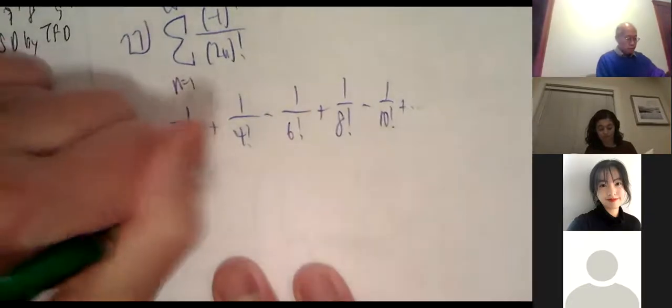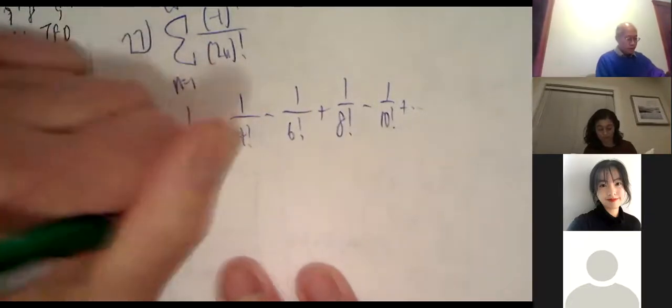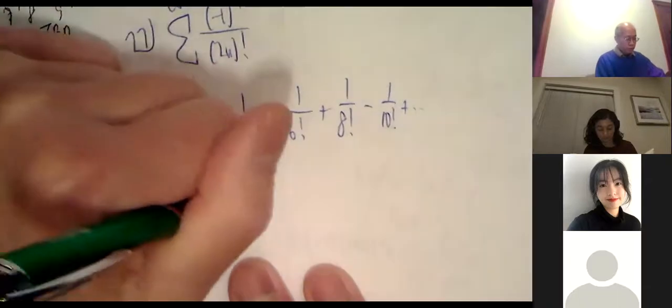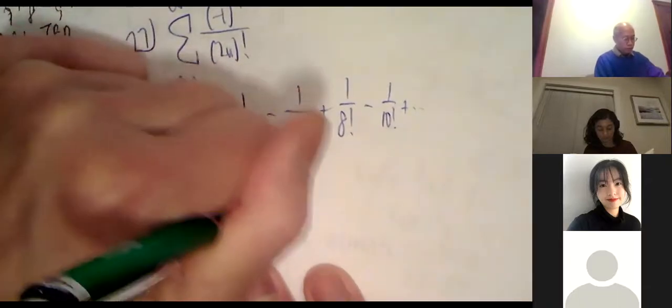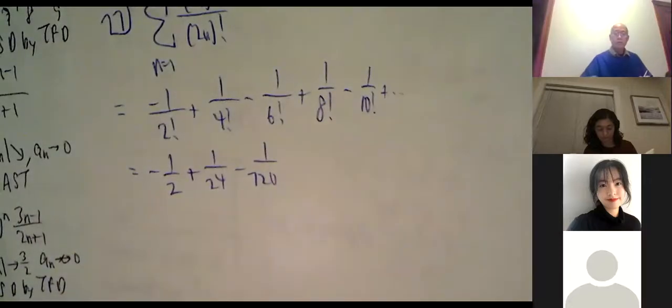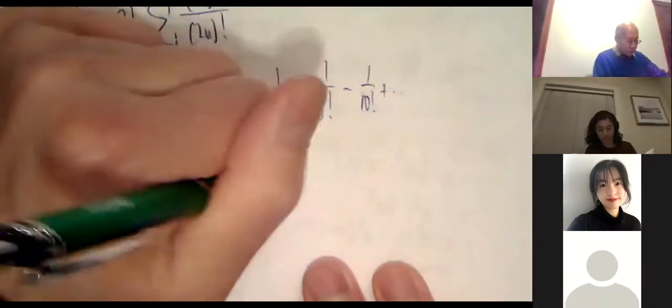So negative 1/2 plus 1 over 24 minus 1 over 720. I happen to have those memorized. I don't have these memorized. So 8 factorial is 40,320.